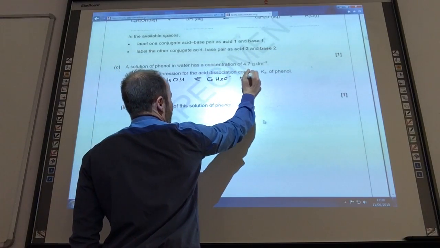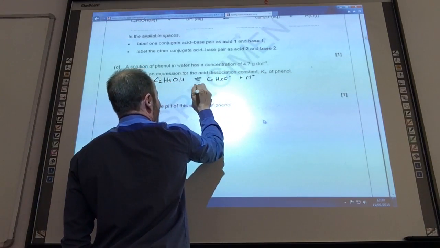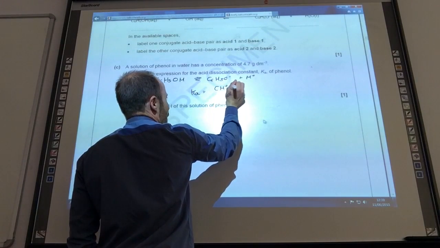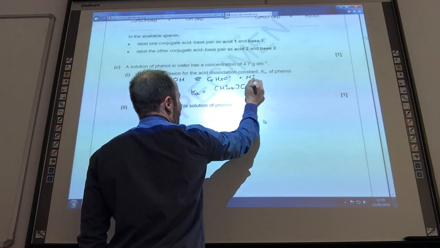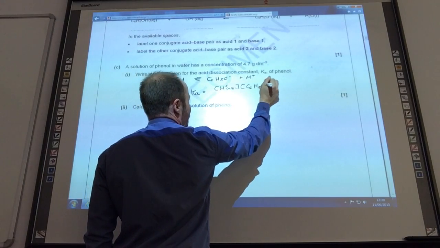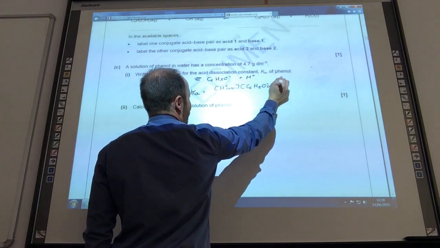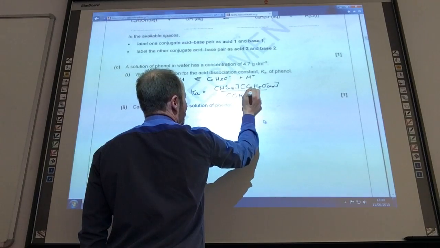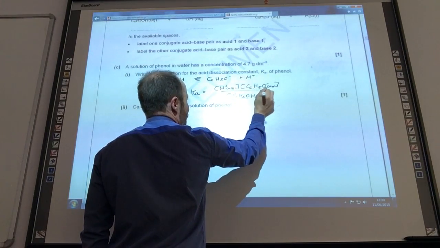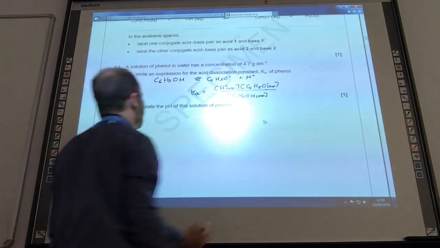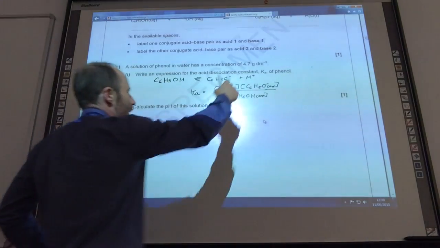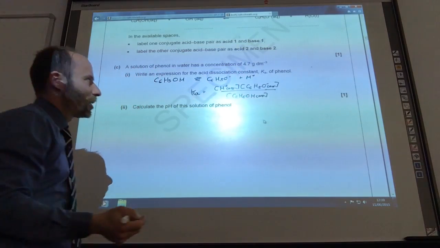C6H5O minus plus H plus. So Ka is going to equal the concentration of H plus aqueous times the concentration of phenoxide aqueous over the concentration of phenol aqueous, like so. Calculate the pH. First thing to notice, they've given me the concentration in grams per decimeter cube.